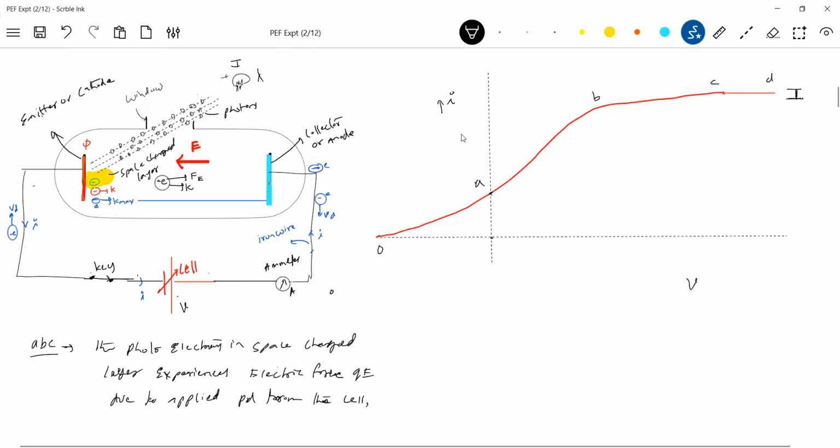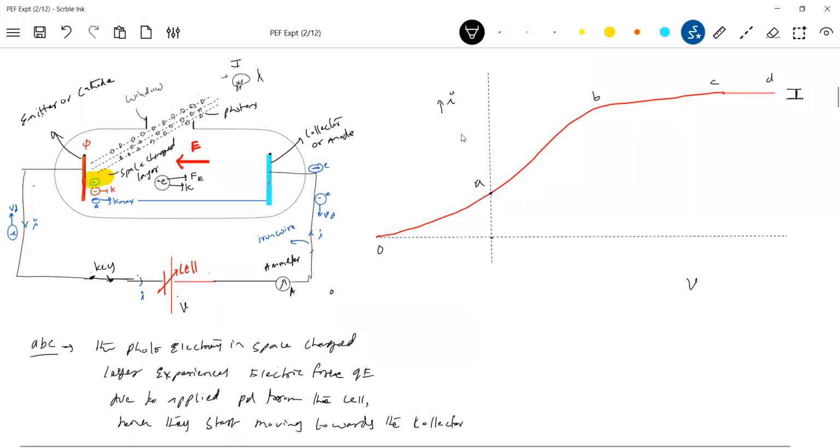Hence, they start moving towards the anode, or towards the collector.